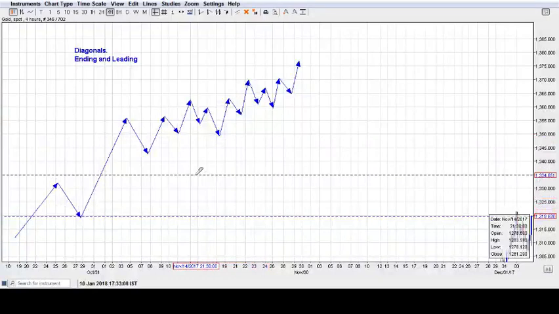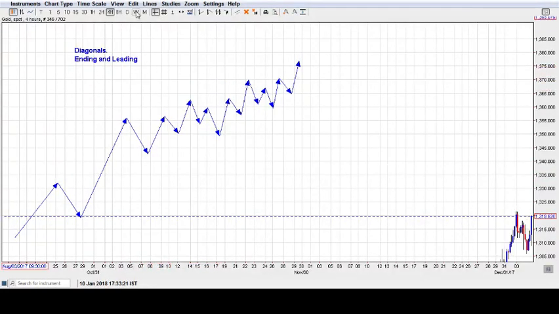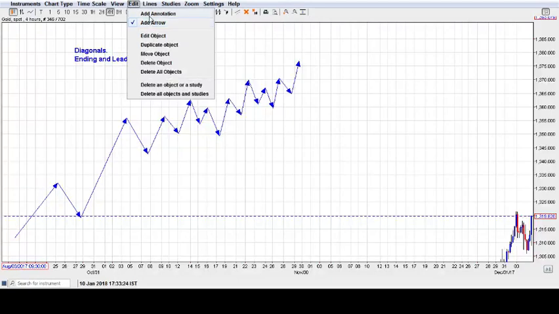I have shown all the 5 legs or waves or sub waves, you may call it, over here, and let's label them now.